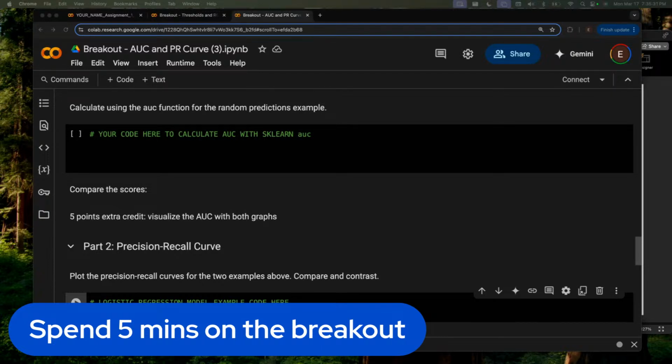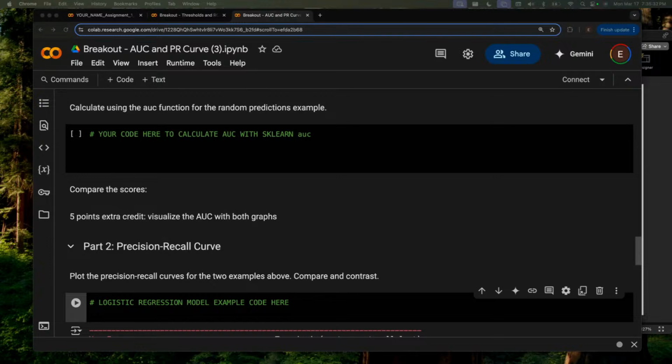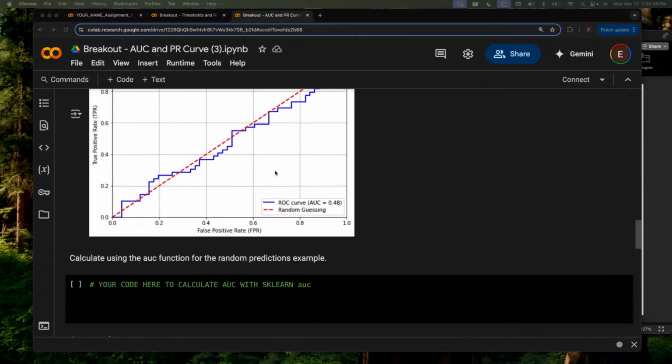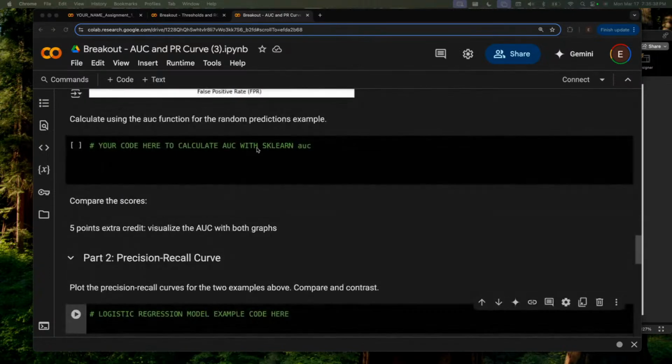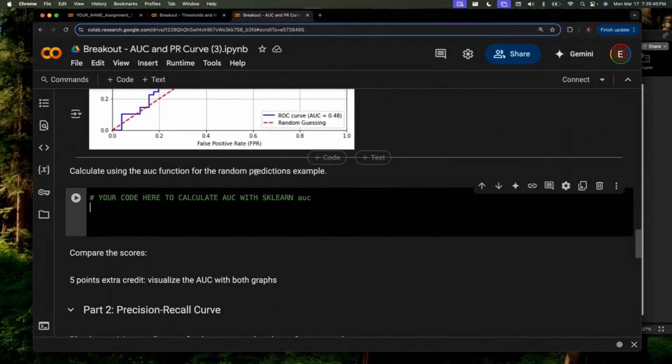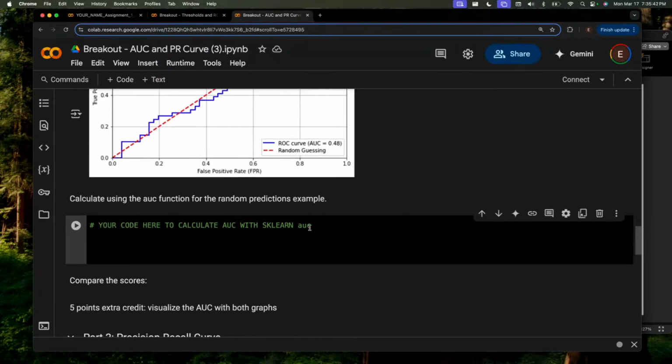Okay. Does anybody have code they want to share for calculating the AUC here?